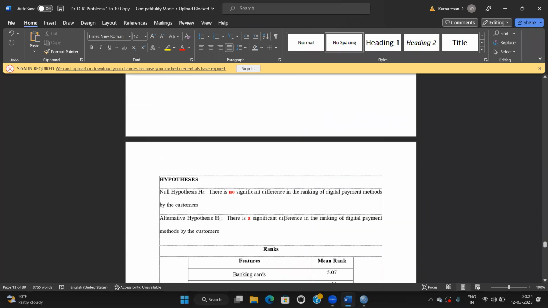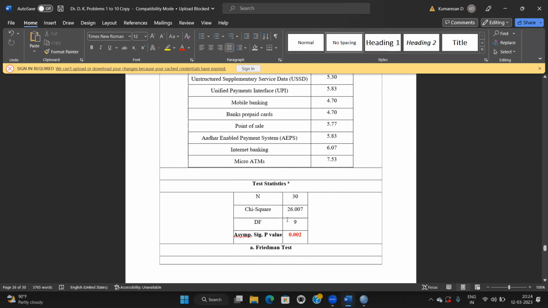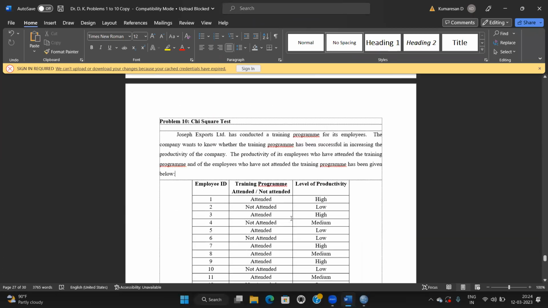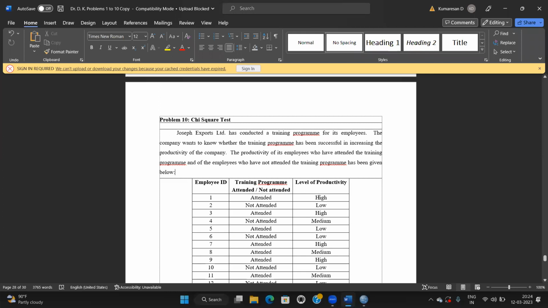The company wanted to increase the level of productivity of employees. For that, the company has conducted a training program. The company has asked the employees to attend the training program. Some employees have attended the training program. Some other employees have not attended.